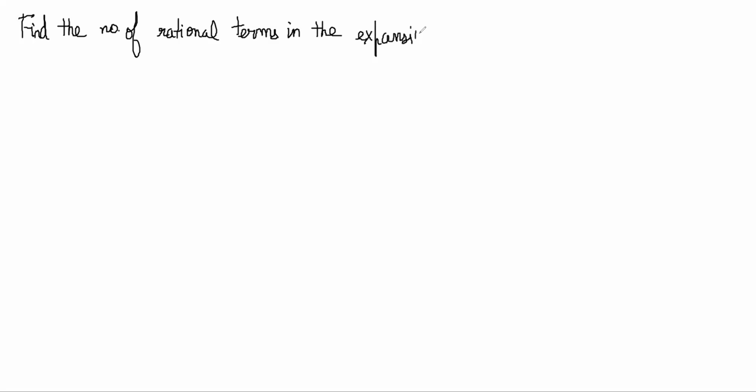Then let's look at this question. Find the number of rational terms in the expansion of 9 to the power 1 by 4 plus 8 to the power 1 by 6, to the power 1000.